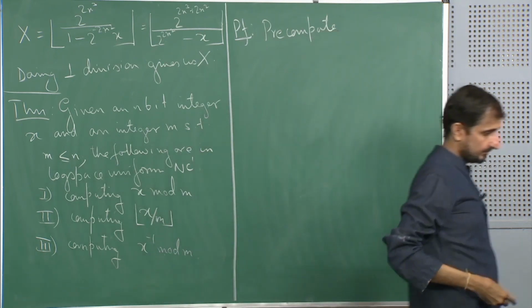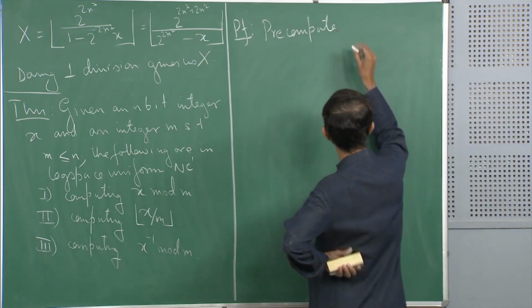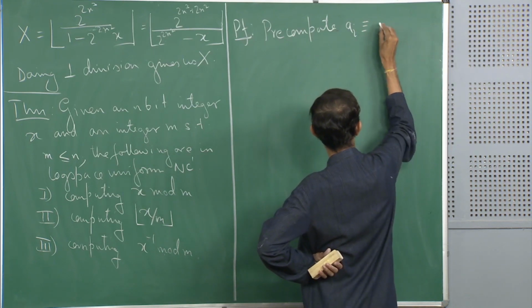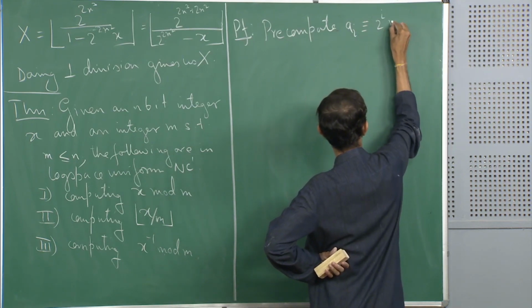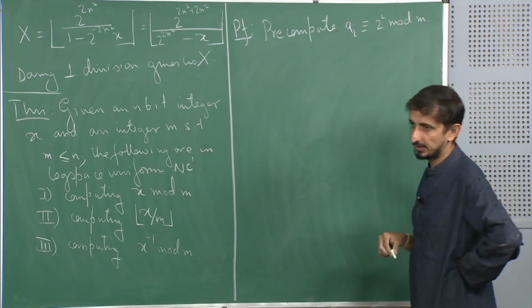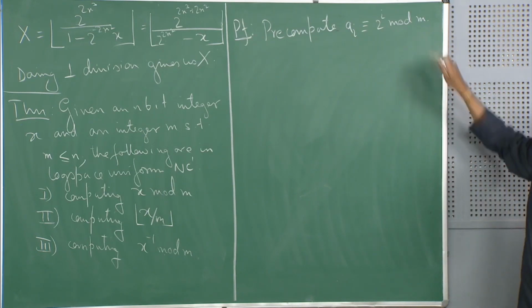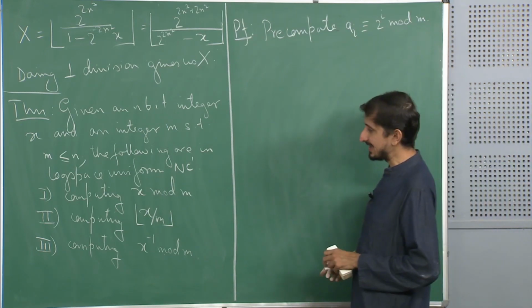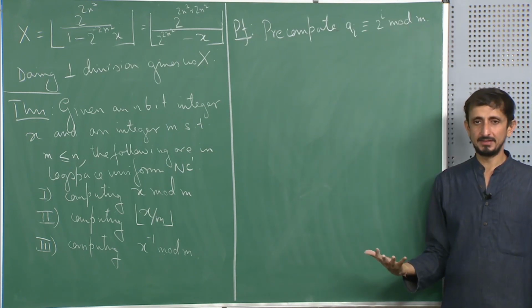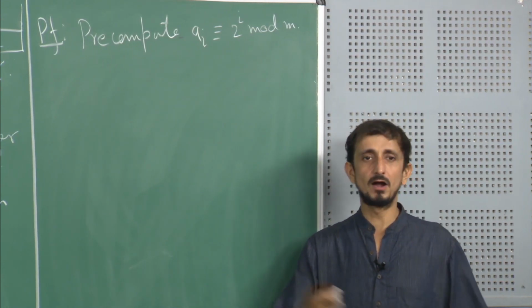So how do I denote this? Pre-compute these quantities a_i, which is congruent to 2 to the power i mod m. Okay. So once again note that because m is small, I can actually do this computation for each and every m. There are only polynomially many different m's, from 1 to n.